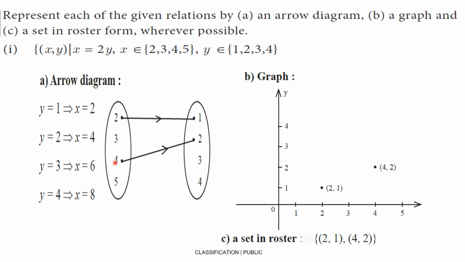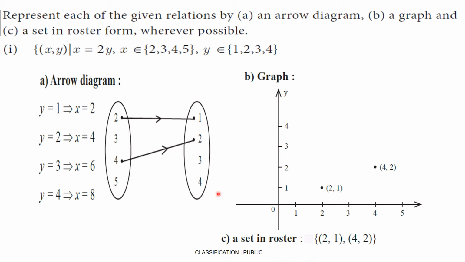That is the relation 4, 2. For other numbers, y equal to 3 means 2 into 3, 6, but 6 is not there in x. That's why they are giving 'wherever possible'. So we relate 2, 1 and 4, 2 only. That is the roster form. So how will you plot it in a graph?